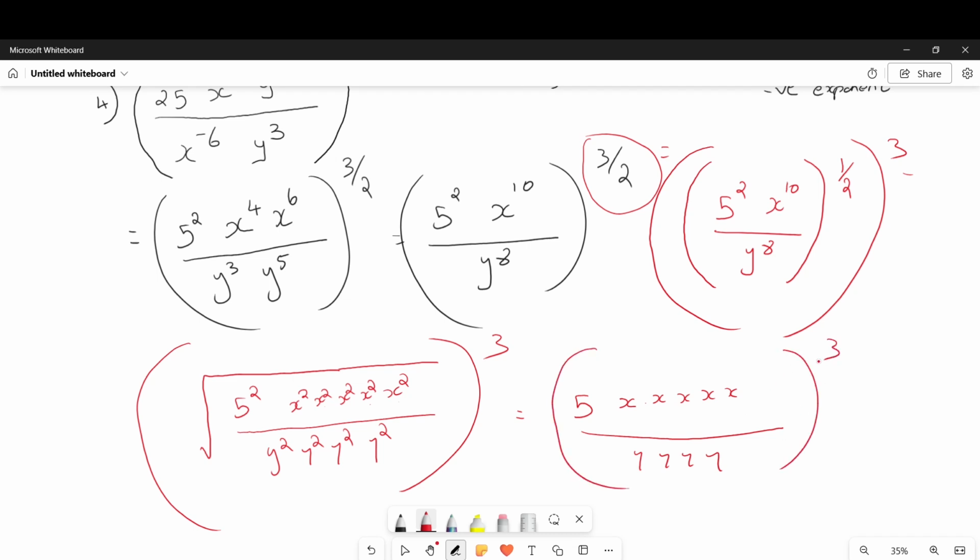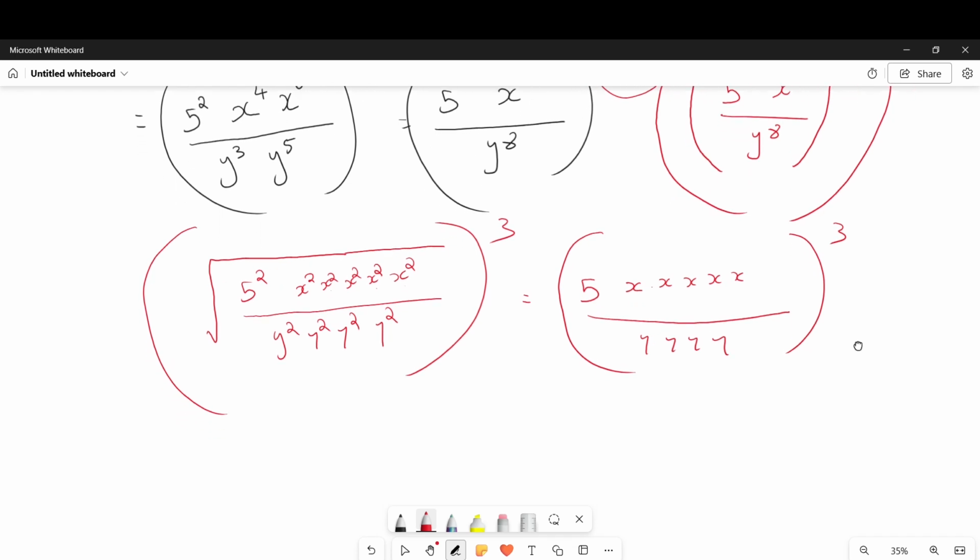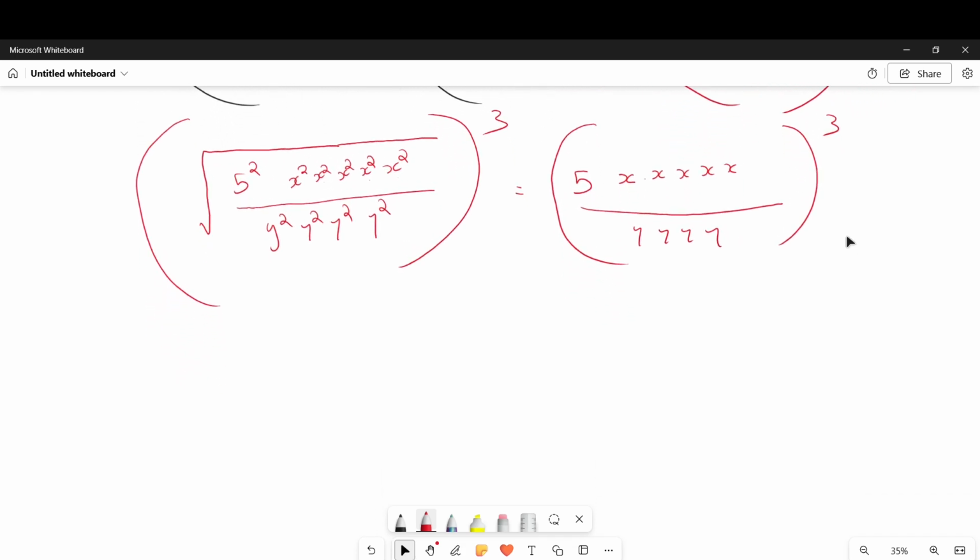Why I'm going for the detailed version is to make you understand how we will get the solution. So x into x into x is 1, 2, 3, 4, 5, so x raised to 5 divided by y raised to 4, all to the power 3.